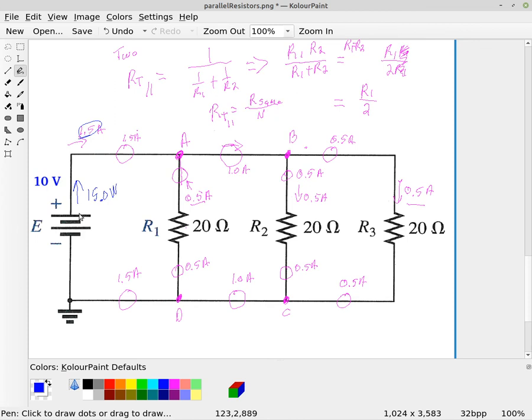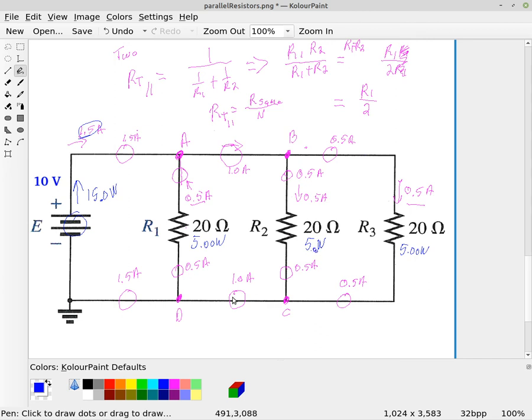All right, so the power supply is dishing out 15 watts. Where are those watts going? Well, for this resistor, we have 10 volts times half an ampere. So this one is using 5 watts. And this one is using 5 watts. And this resistor over here is using 5 watts.